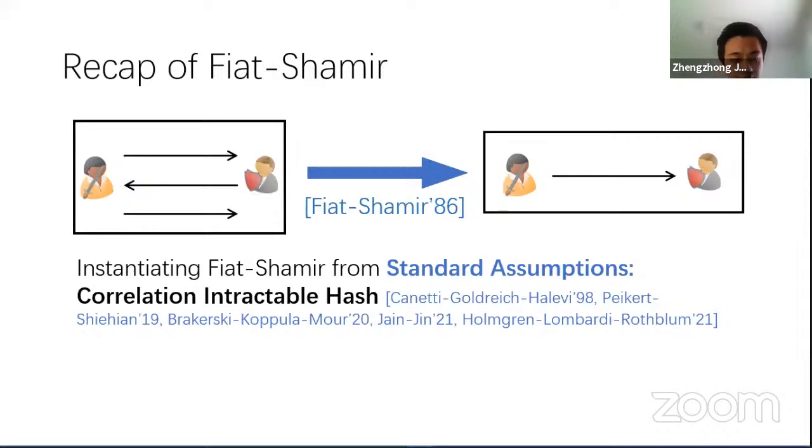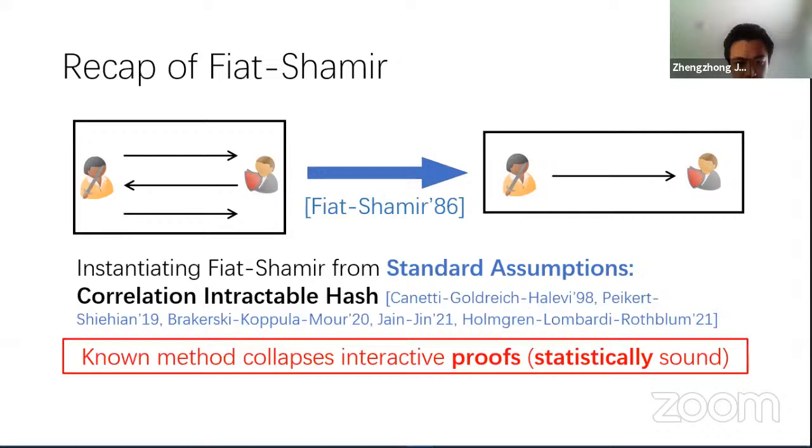And recently, there is an exciting line of work trying to instantiate the Fiat-Shamir transformation from standard assumptions. And the idea is to build a special hash function, which is called correlation intractable hash. However, by this method, we only know how to collapse interactive proofs, where the soundness holds even for unbounded adversary.